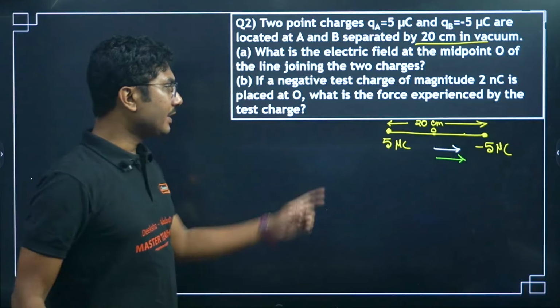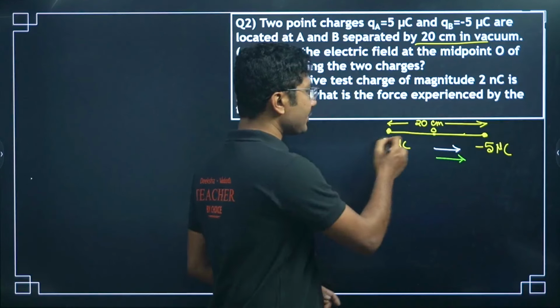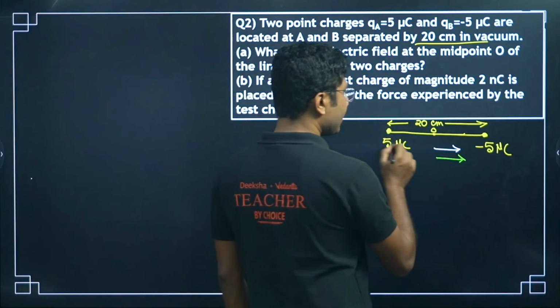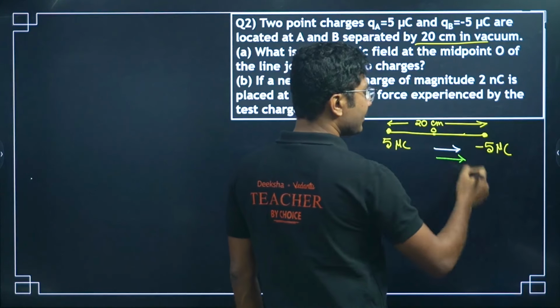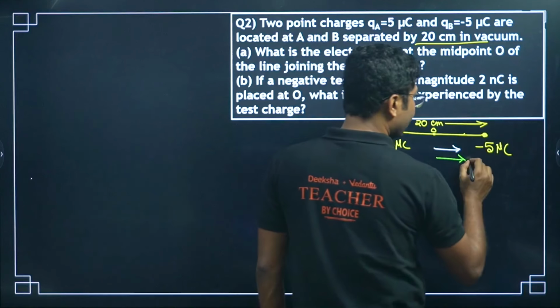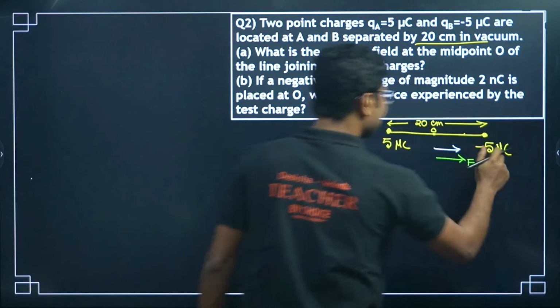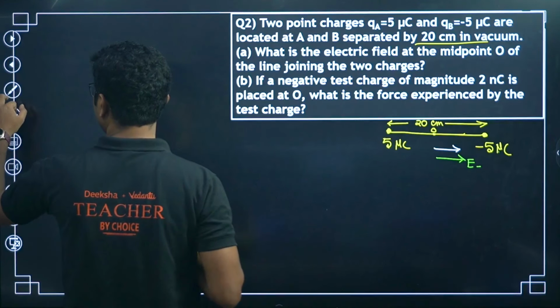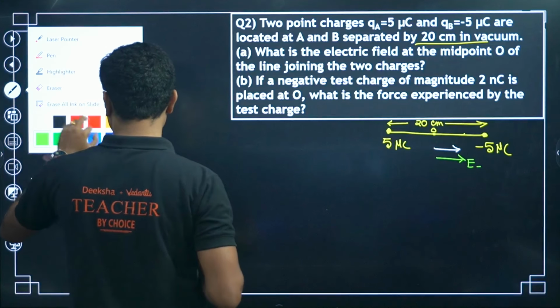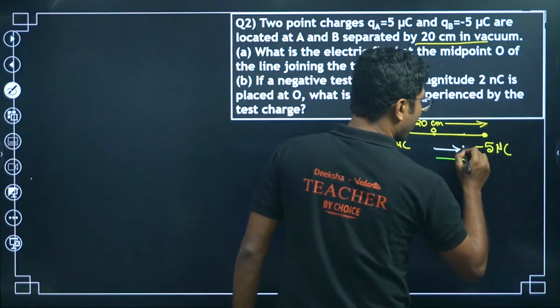So the electric field due to this positive charge is away from it, and this is a negative charge, so the electric field due to the negative charge is always towards the charge, right. So be careful, and you have to understand this problem.